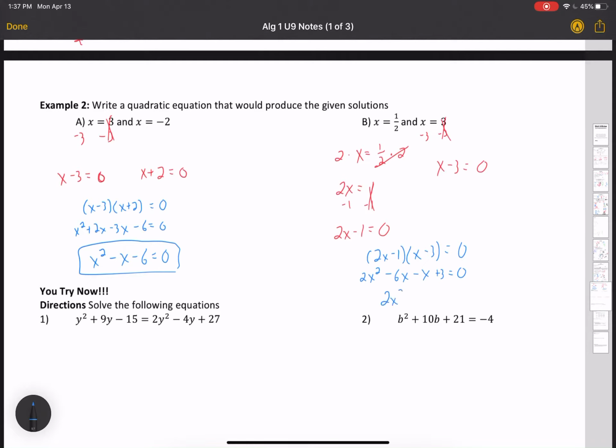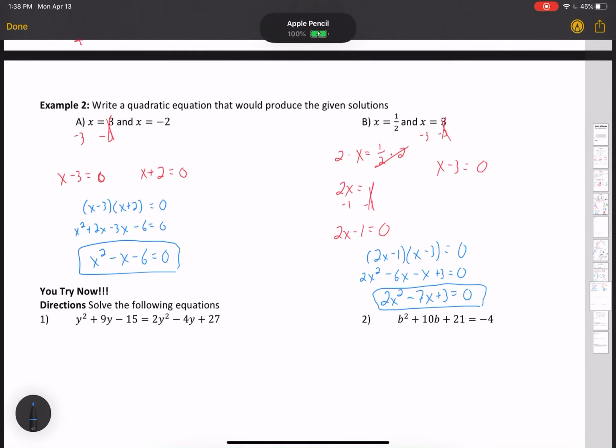Combine like terms, I'll get 2x squared minus 7x plus 3 equals 0. And that is a possible quadratic equation that would give me x equals 1/2 and x equals 3 as my two solutions.